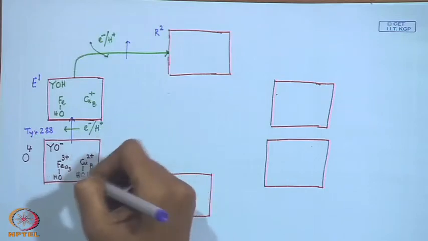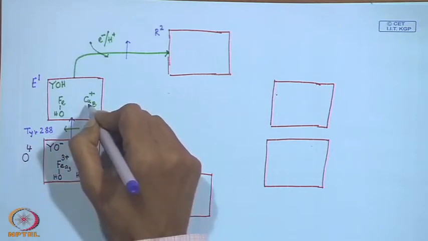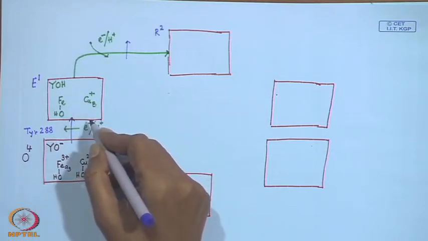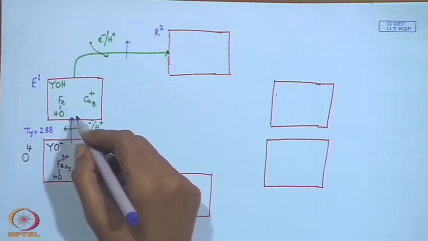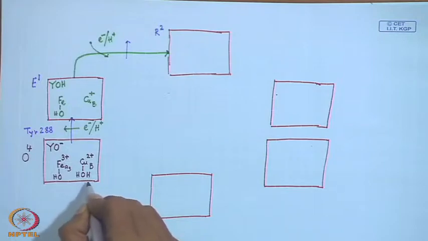In this particular case, it is not only electron transfer but also proton transfer, and this particular water molecule sometimes goes away when you reduce from cupric to cuprous. So you are losing the water molecule attached to your cupric copper site.